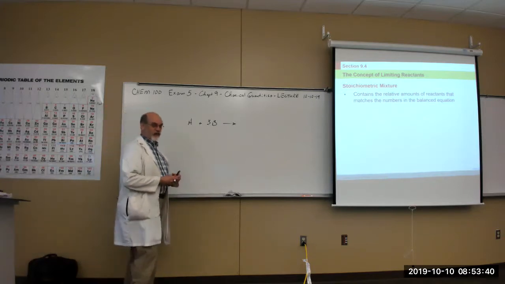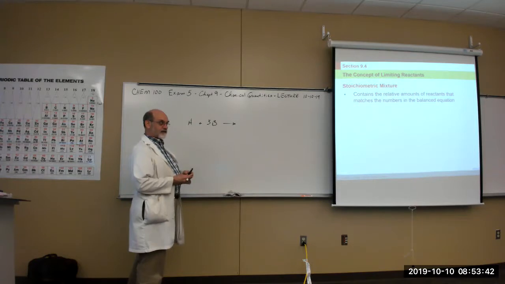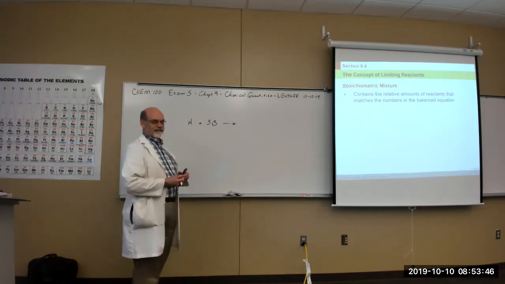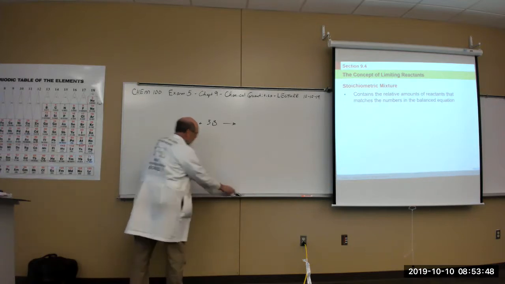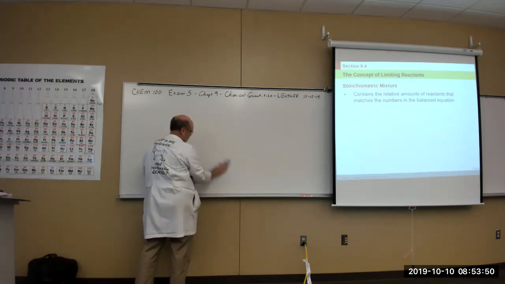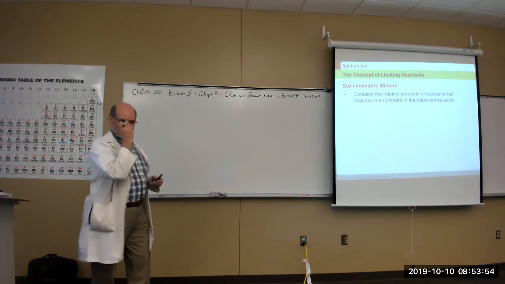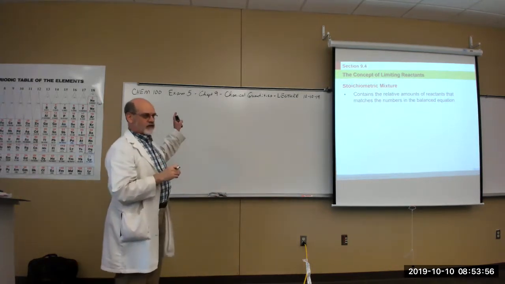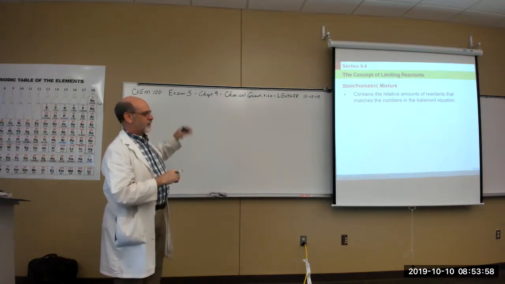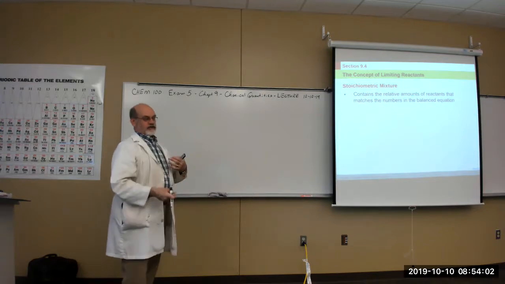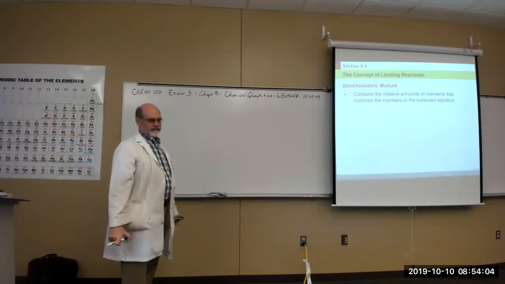Right? 1.455 is what it's actually giving you. So the moral of that story is stoichiometric mixtures are a starting point. That's our balanced equation. That's the stoichiometric mixture. But in reality, you're going to run out of one of them first and have leftovers.